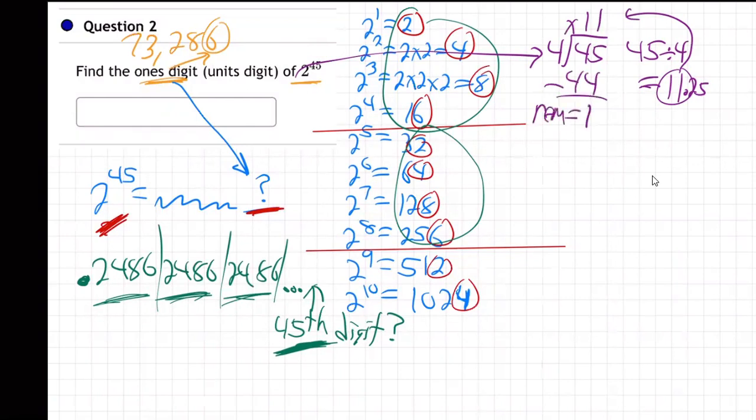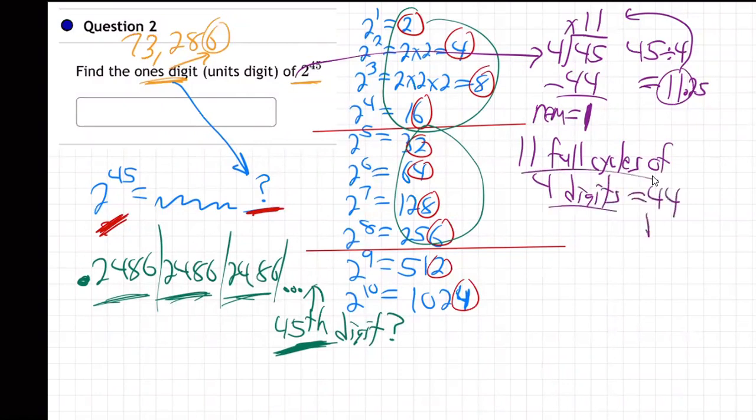Remainder 1. Remember how we would do that long division and we would get the remainder? That means that there's 11 full cycles of 4 digits. 11 full cycles of 4 digits is 44 digits.